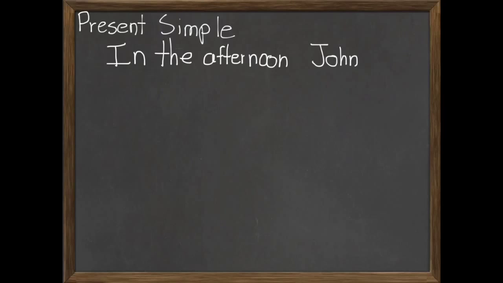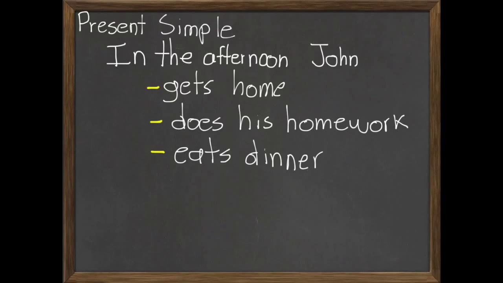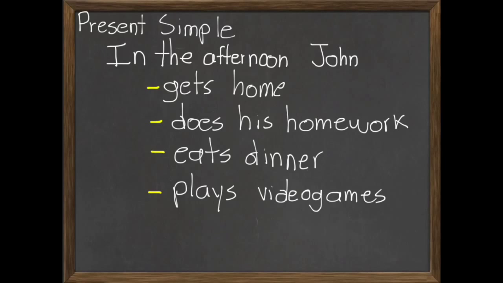Now, in the afternoon, John gets home, does his homework, eats dinner, and plays video games. As you can see, get, and like we saw last time, is conjugated or formed with the third person by adding an S at the end.